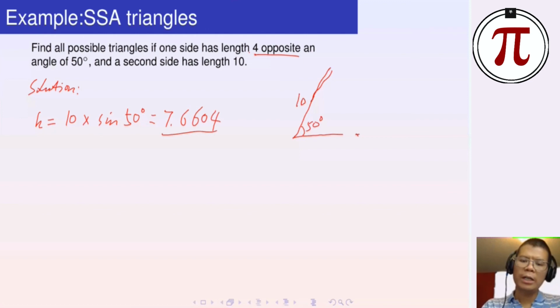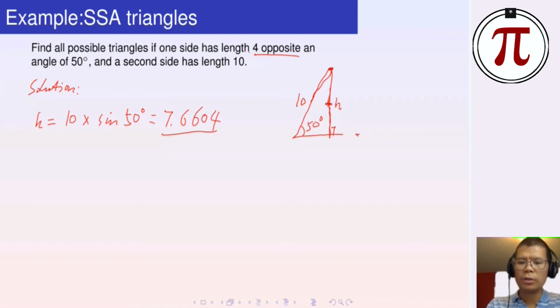So that is to say the height h equals 7.6, right? But is that possible for the opposite side to be 4? No, right? So 4 is somewhere here.